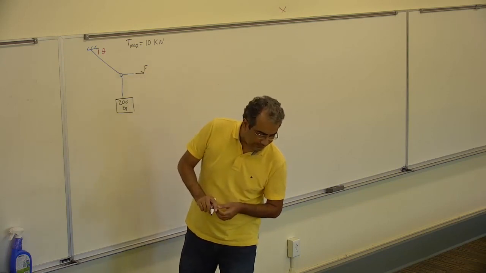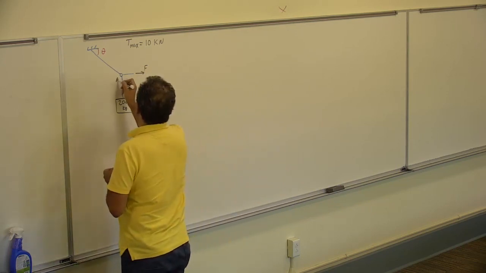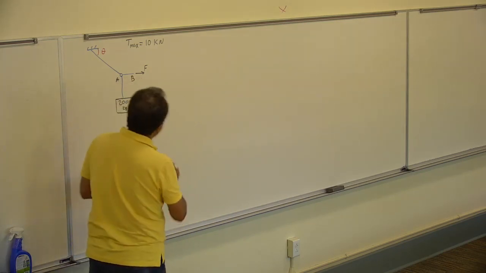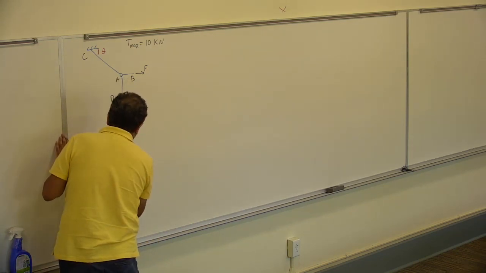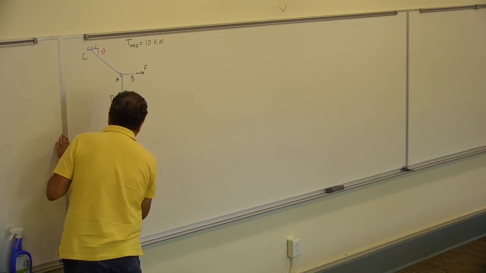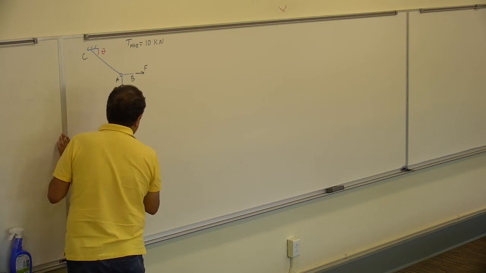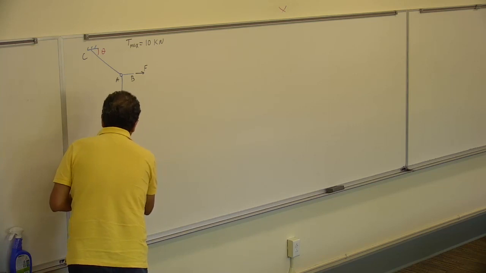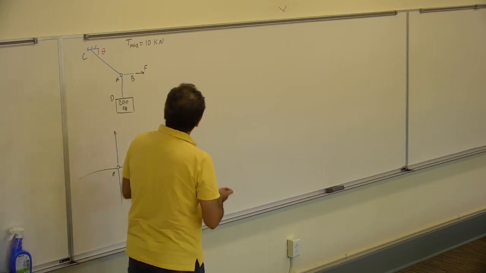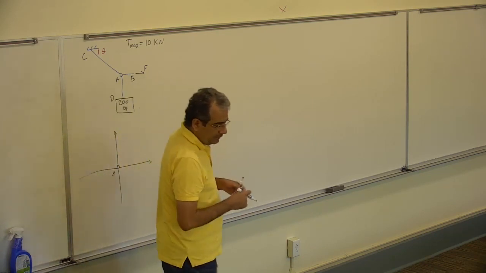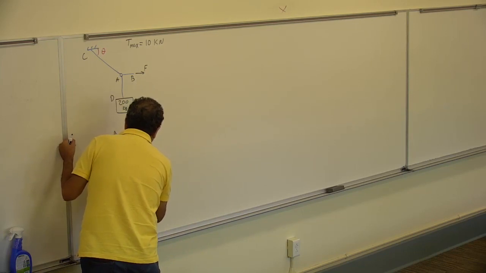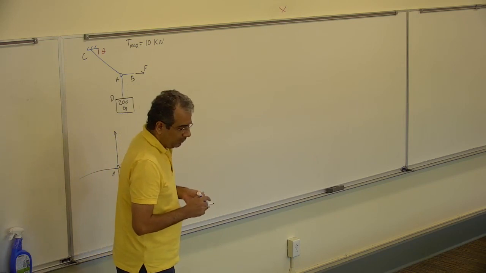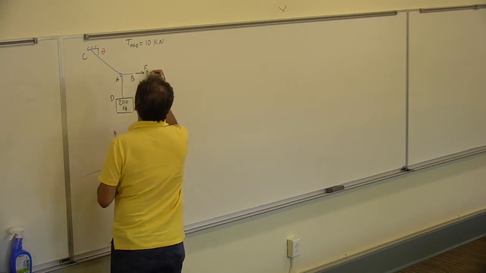This is what they call A, B, C, and D. If I draw a free body diagram for point A, at point A I'm going to have the force FAB, that's the force that we are applying.